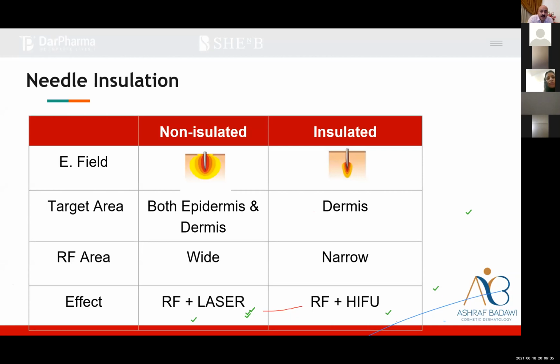So the heat generated at the level of the epidermis is significantly less, and that's why even if we are using a non-insulated needle, we are not supposed to have any epidermal injury.